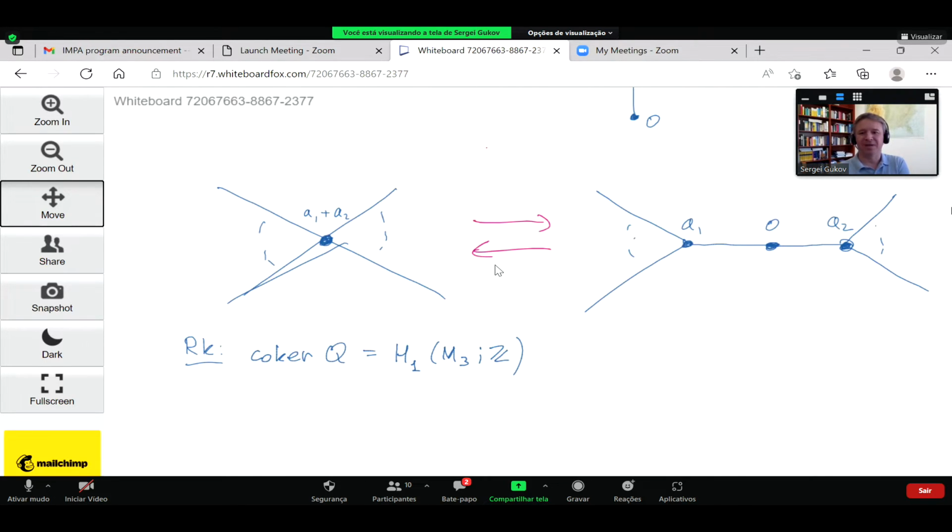The point of these Kirby-Neumann moves is that they preserve the 3-manifold, so sometimes these moves are called the 3D Kirby moves. In particular, they preserve H1. Therefore, as a corollary of Kirby and Neumann, this kernel is actually preserved by these moves.